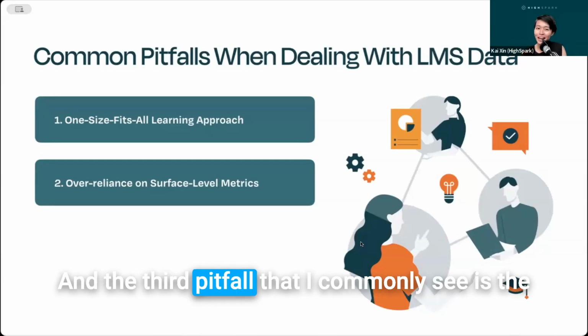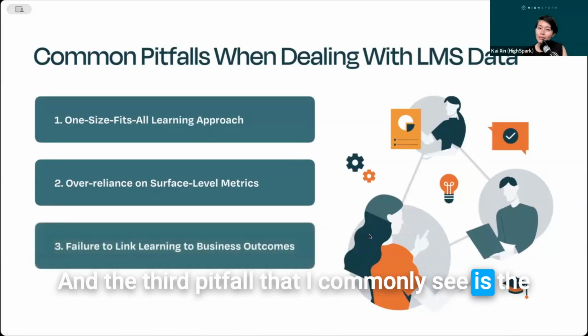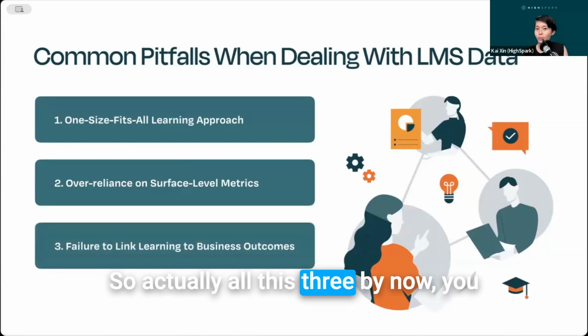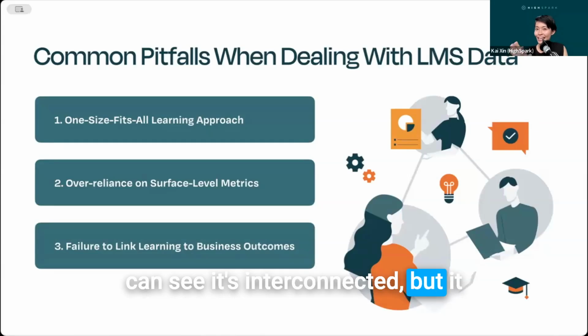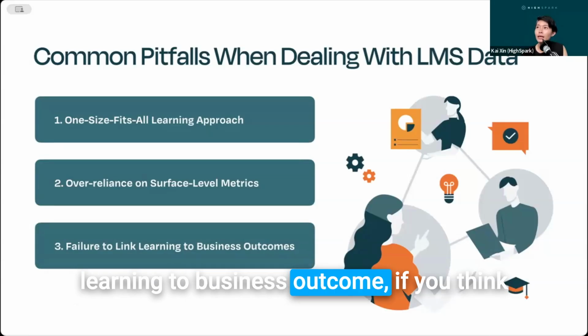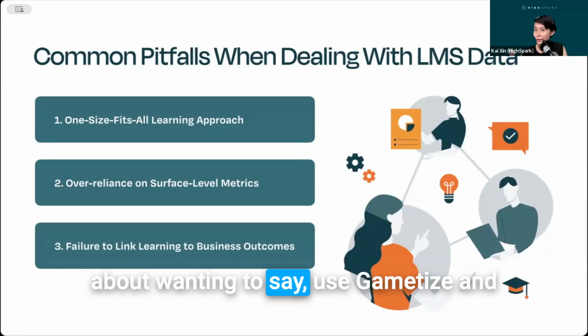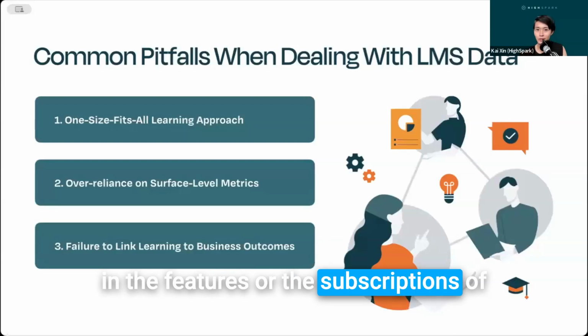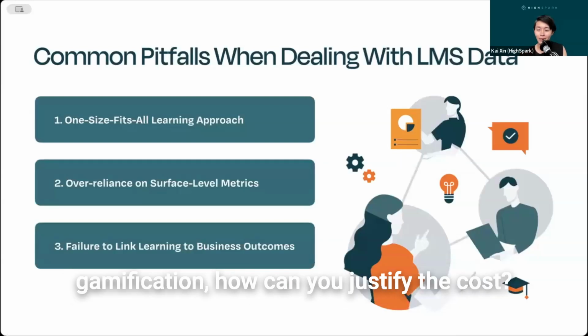And the third pitfall that I commonly see is the failure to link learning to business outcomes. So actually all these 3, by now you can see, are interconnected, but they manifest themselves in different forms. So when it comes to failure to link learning to business outcomes, if you think about wanting to use Gametize and try to convince your sponsors to invest in the features or the subscriptions of gamification, how can you justify the cost?